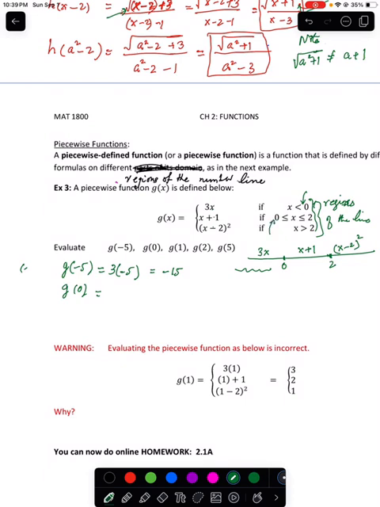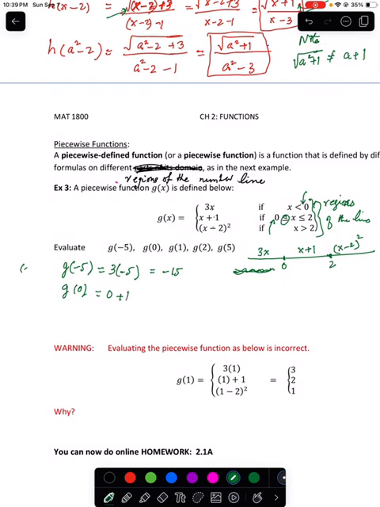But because the equal to sign is only in one place here, it means 0 is in the second region, the middle region. It is not included in the first region, but it is included in the second region. So we will use that second formula, and our answer is 1.